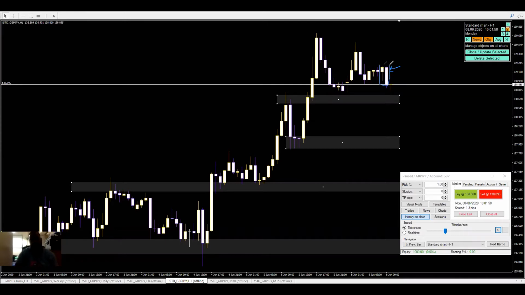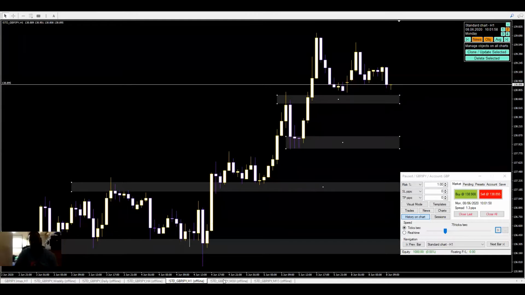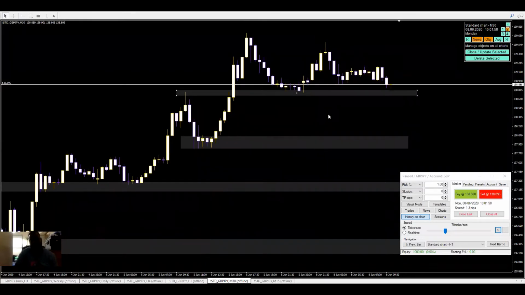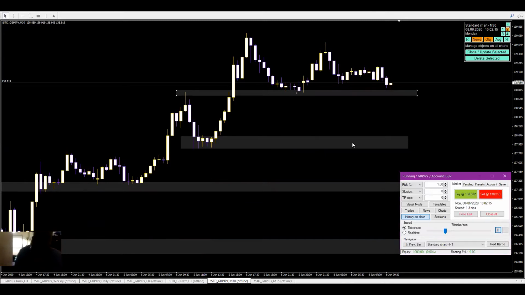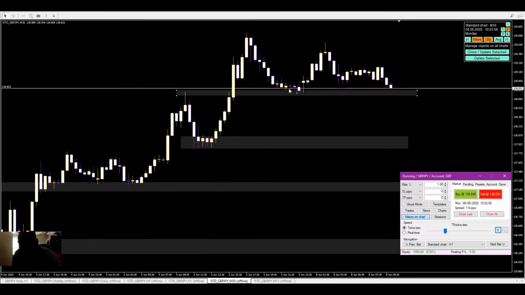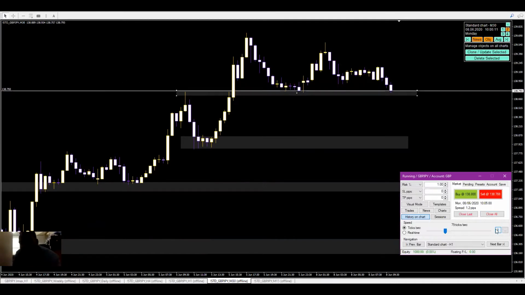I don't use candlestick patterns. They're valid, but it just doesn't help me execute. But I'm just going through all different things and all different trading styles. So anyways, like I said, I would want to see a break underneath this previous level of support. And we'll see what happens.